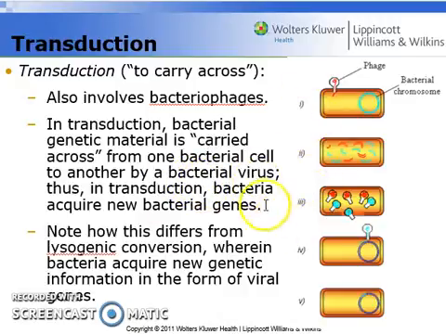So that's all that we mean when we talk about transduction, is the transfer of a bacteriophage's DNA from one host cell of a bacterial organism to another host cell of a bacterial organism, allowing those bacterial cells to exchange genes. This is different from lysogenic conversion because the bacteria are acquiring new genetic information from a viral gene. So that's our process of transduction.